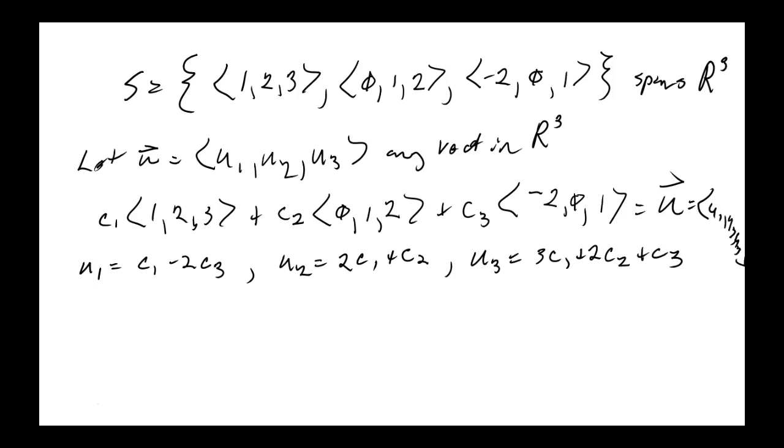Now what you do is set this up as a matrix: 1, 0, minus 2, and this will be our U1.